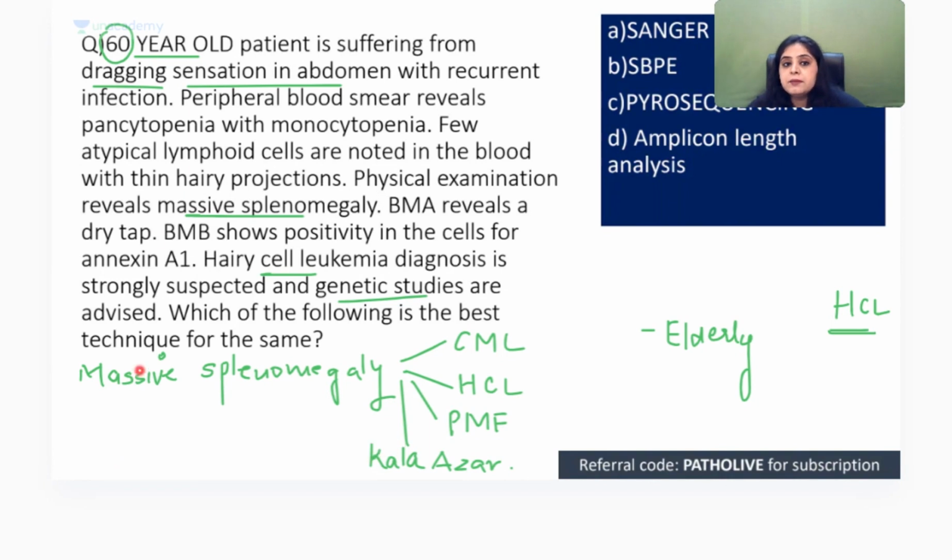Here we saw later on, peripheral blood shows pancytopenia with monocytopenia. Yes, hairy cell leukemia shows you pancytopenia, fine. But why are we highlighting monocyte count being specifically less? When the monocyte count is not there, which infections are more in hairy cell leukemia?